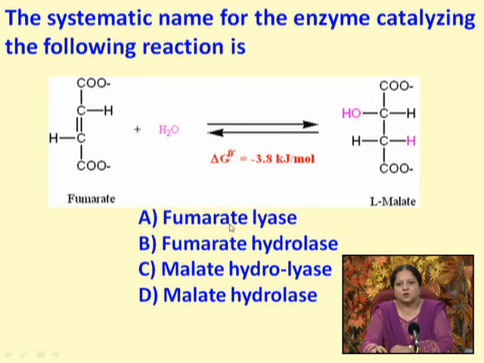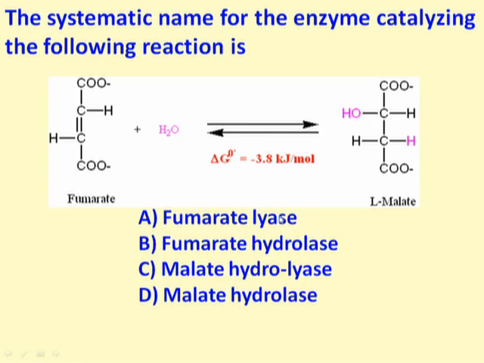And the options given here show that we have to choose between whether this enzyme is a hydrolase or a lyase. As I had told you, the key difference between a hydrolase and a lyase is that a group is removed leaving a double bond in the original molecule.